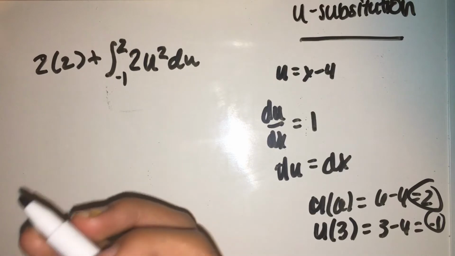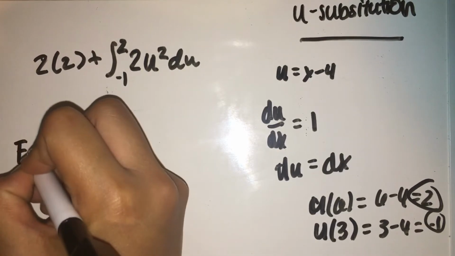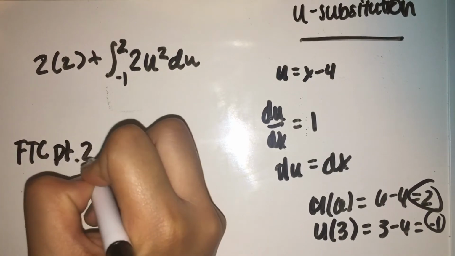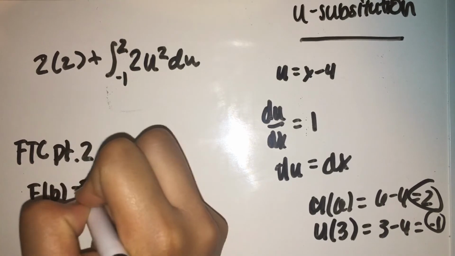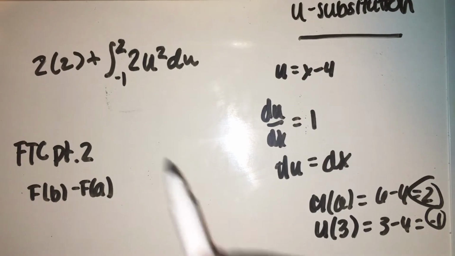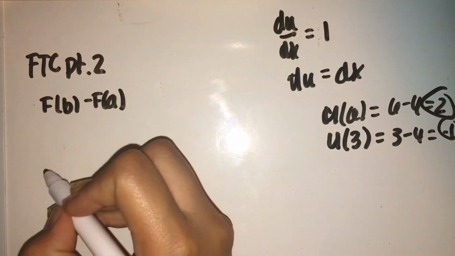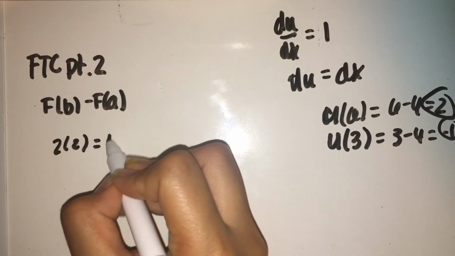Our next step is just to use the fundamental theorem of calculus. We're going to use part 2, which is big F of b minus big F of a. Now for this, I'm just going to copy what we have. We already know 2 times 2 is equal to 4.